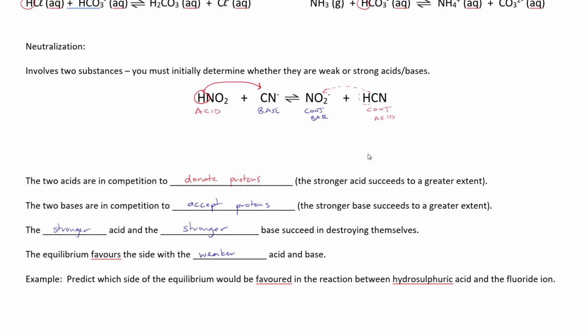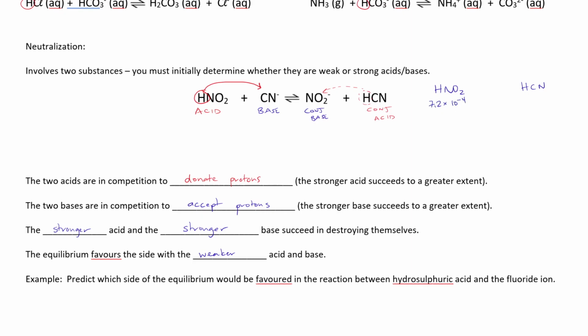So how do we know which one is the stronger acid and which one is the stronger base? Well, we have to look at the Ka values, HNO2 versus HCN. And so we're going to quickly look up those Ka values in our chart. For HNO2, it's 7.2 times 10 to the negative 4.